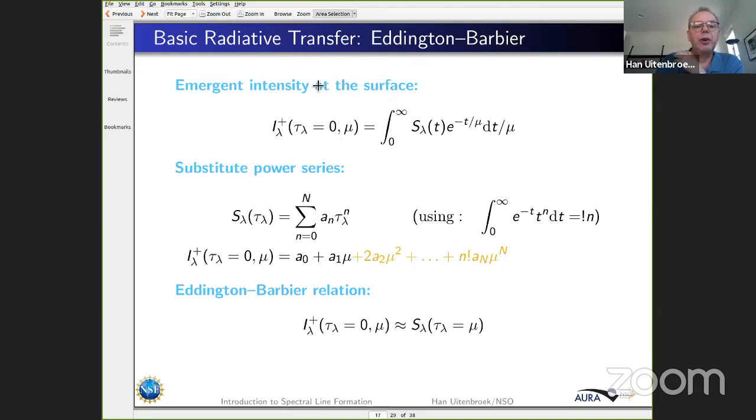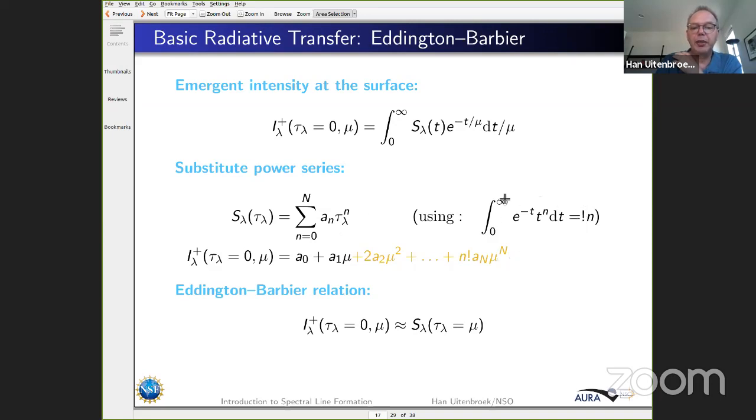So now we can write the formal solution of the emergent intensity at optical depth 0 at an angle mu. And the formal solution you can follow from the previous slides. You can rewrite it like this. Now, let's assume that the source function can be written as a power series in optical depth.